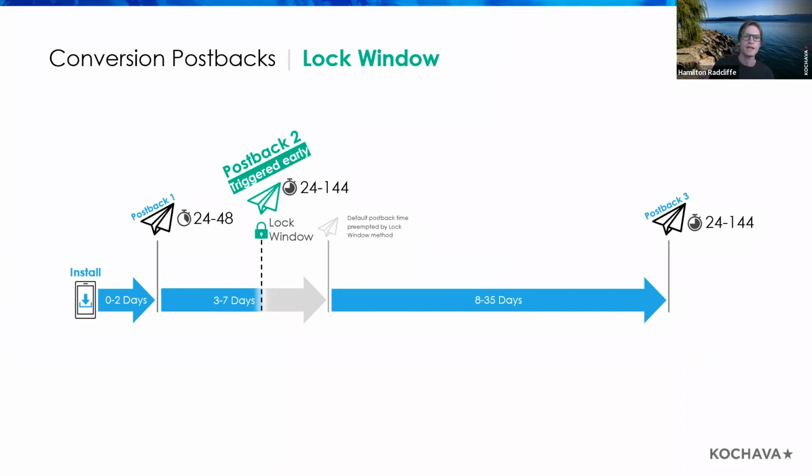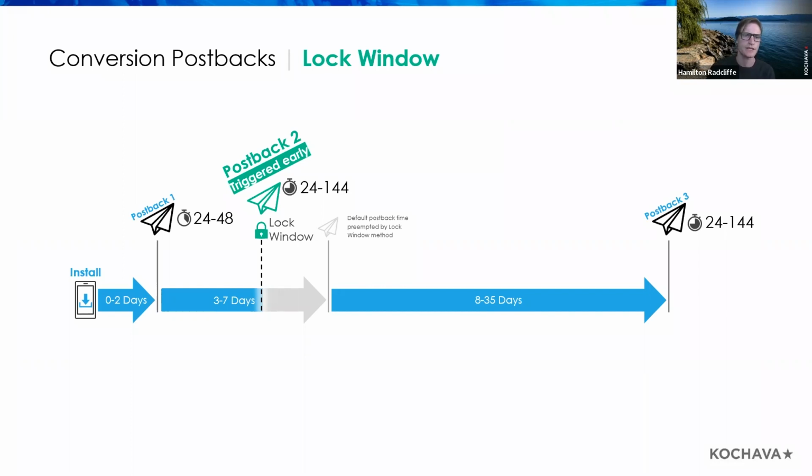What it means is that one of two things has happened. Either you've gotten the conversion value you're really trying to drive with your campaign, maybe it's a purchase, and at that moment you've got what you wanted to affect with this campaign. So you lock that value in so that you can measure specifically that activity.